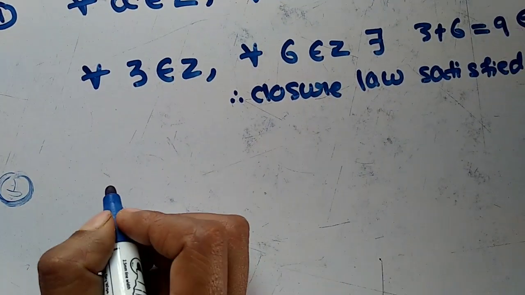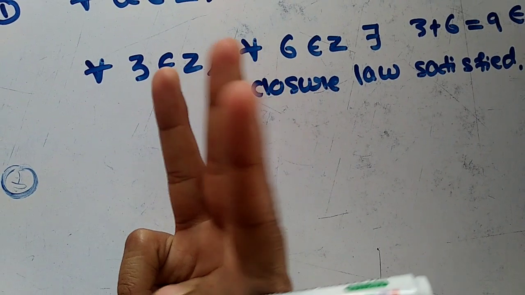Next, associative law. In associative law we have to select three elements.